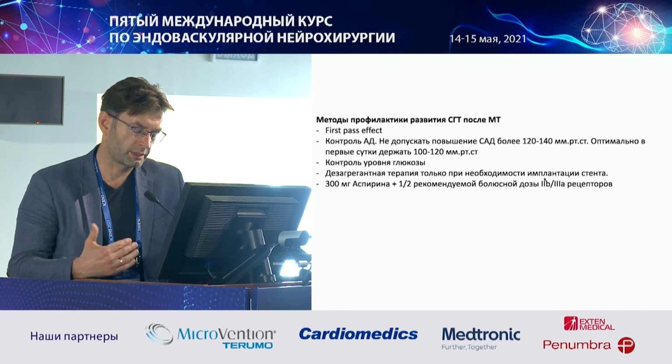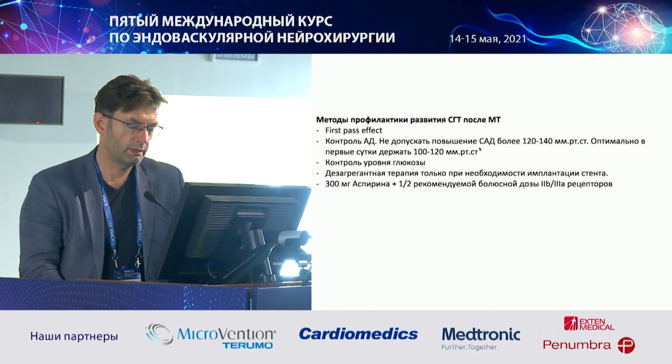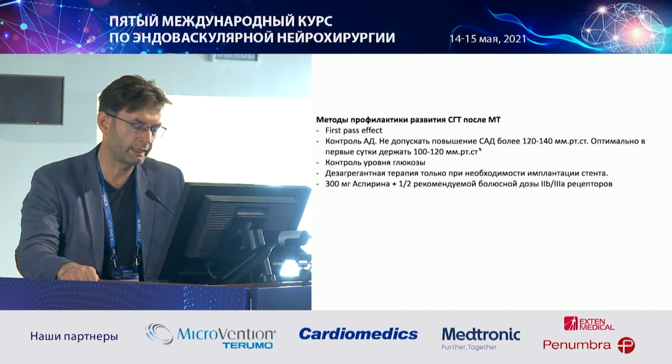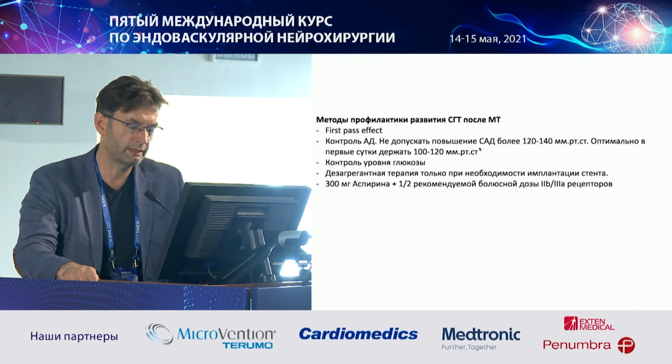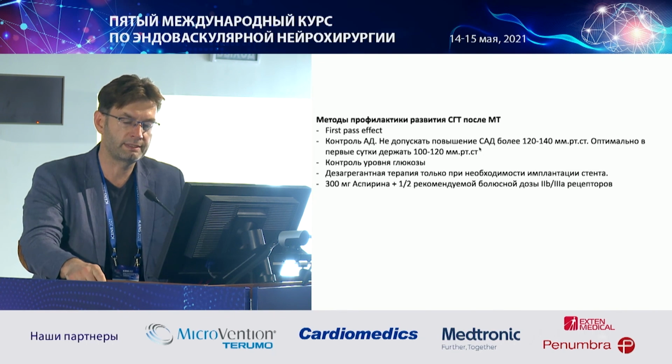You have to control blood pressure, and if you've successfully performed a reperfusion, keep the optimal level of 100 to 120 millimeters of mercury in the first 2 days after the thrombectomy. You have to control the glucose level, and you have to minimize the use of disaggregant therapy, which can only be used in case of stent implantation. And for the time being, there are no protocols I could recommend.